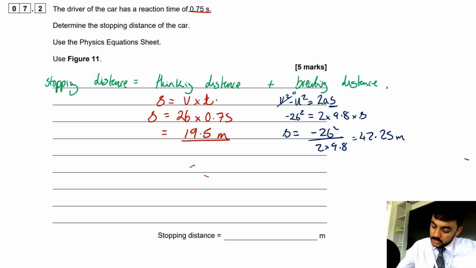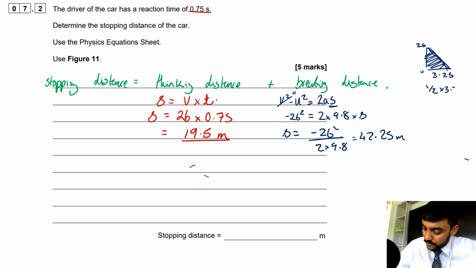Okay, now there's another way that we can do this. We can do this by remembering that in a velocity time graph, the area under the graph is the actual distance traveled. So it starts off at 26, goes to 0 in 3.25 seconds. To do that, it's half times base, which is 3.25, times height, which is 26. 0.5 times 3.25 times 26.